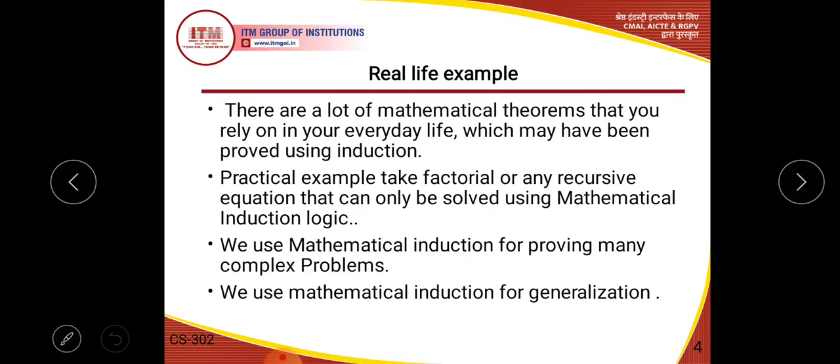Third, we use mathematical induction for proving many complex problems, based on software development, databases and so on. And the last one, we use mathematical induction for generalization. This is important. If we have to generalize any statement or result, we use mathematical induction for that. So, this is a real life example based on mathematical induction.